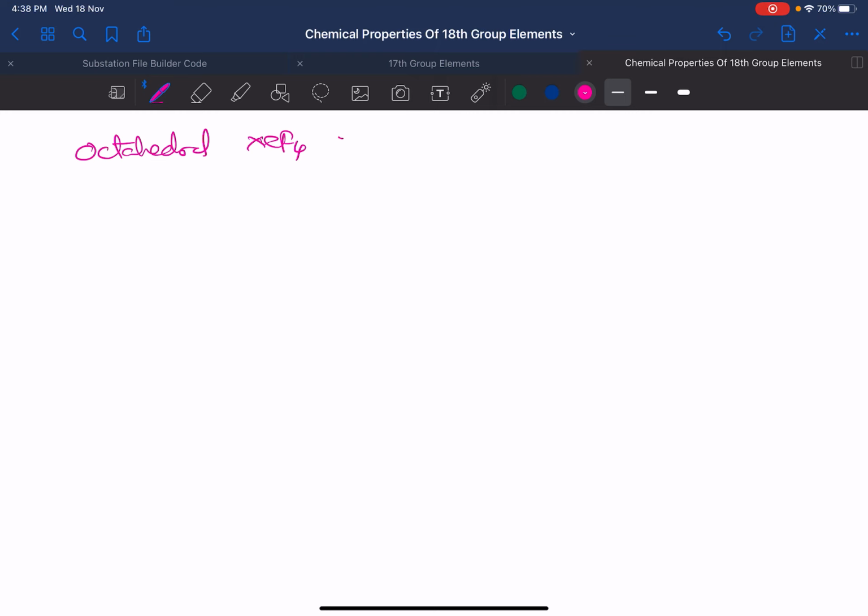Whereas the actual structure is square planar. Why is it converted to square planar? Here we go for the bond pairs and lone pairs. Here lone pairs are 2 and bond pairs are 4.